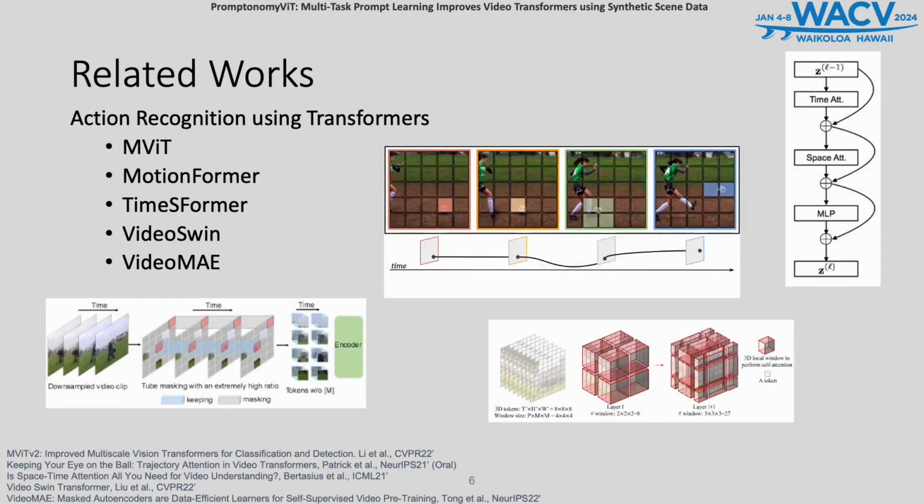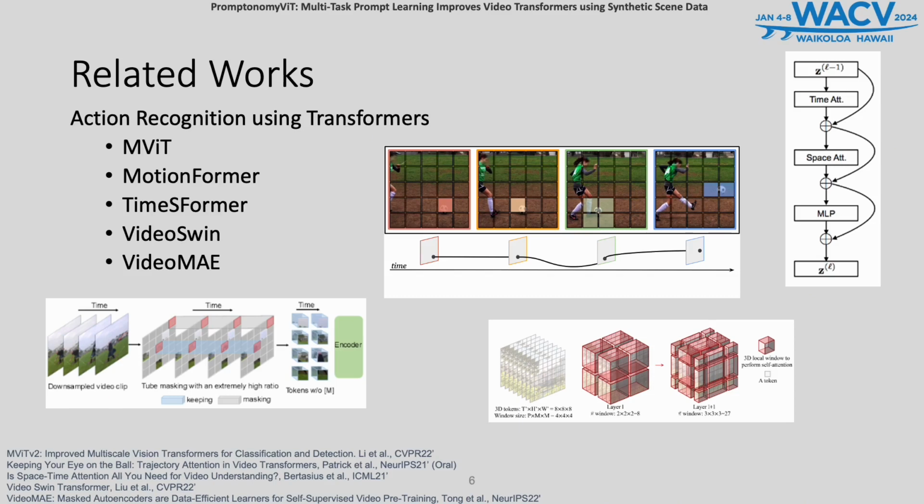Video transformers have become very popular and there are a lot of works coming out every day. For example, some of them are mentioned here in the slide: MViT, multi-scale ViT, Motionformer, TimeSformer, and so on. Each one proposes its own mechanism and architecture to process the video, usually followed by different attention approaches.